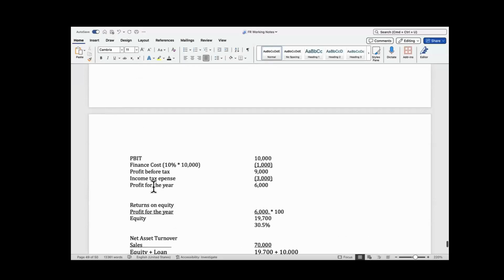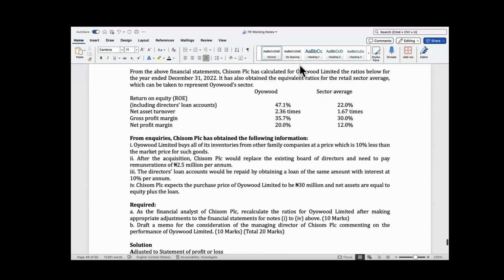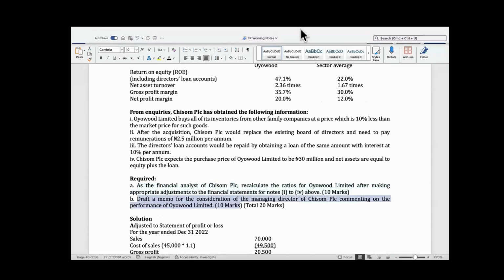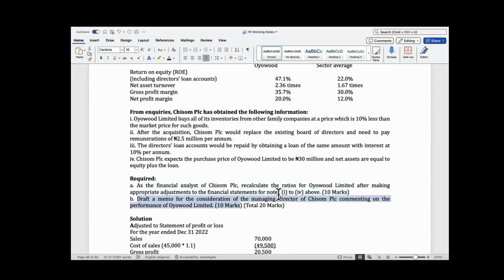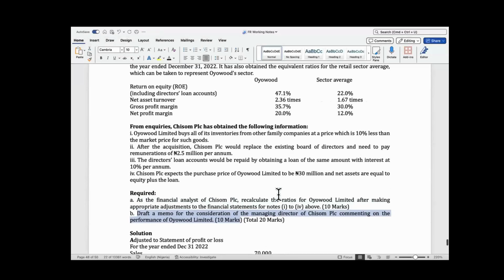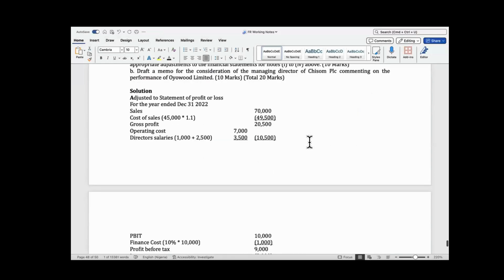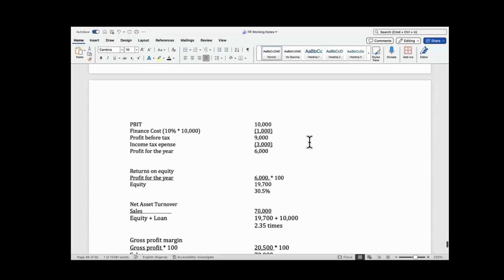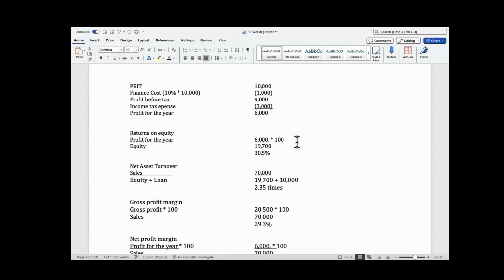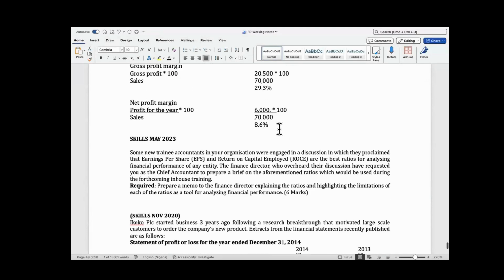So that's all for the memo to the MD of Shizom, commenting on the performance of Oyowood. So all we're doing is comparing what we have computed with this. Just to draft a memo form like that.